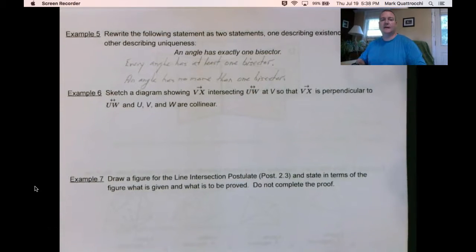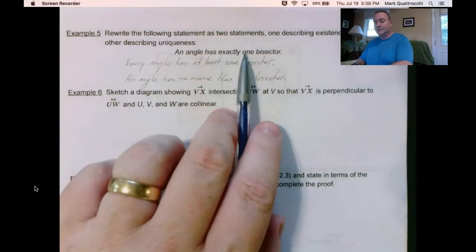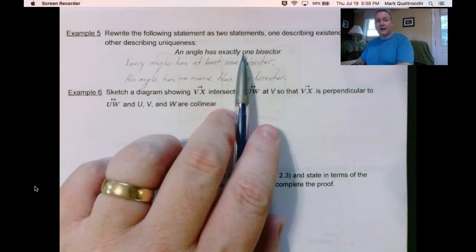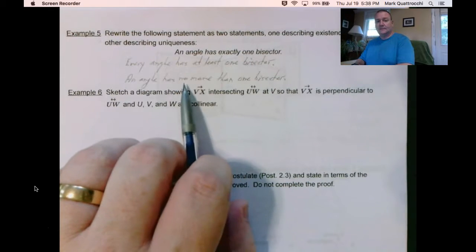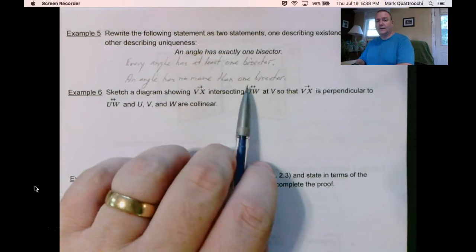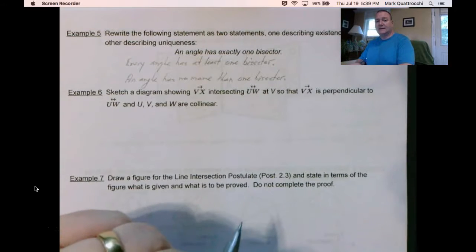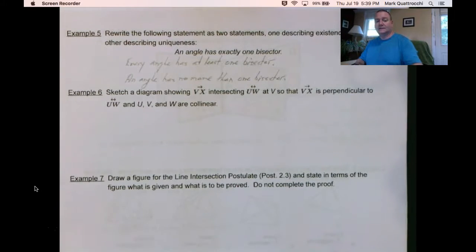This is a statement of uniqueness, meaning there is exactly one. I'm rewriting it to say that it has no more than one bisector. So it has exactly one bisector. That is a statement of uniqueness.